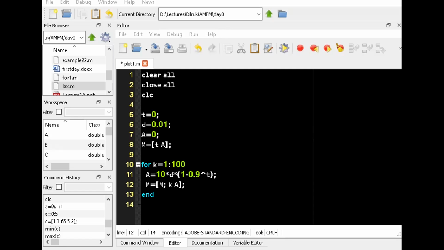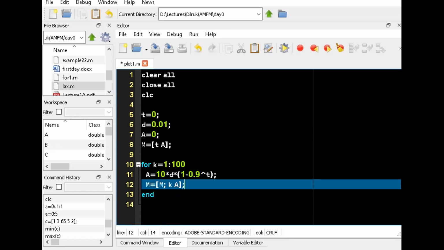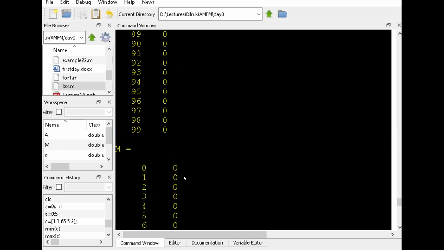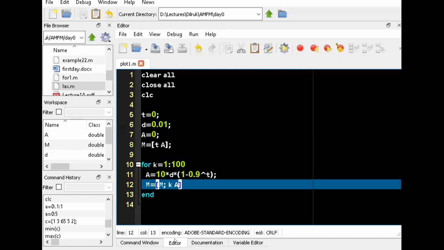All right. Let's see whether this runs. Code is running. Oh my God, it's not taking. Why is that?